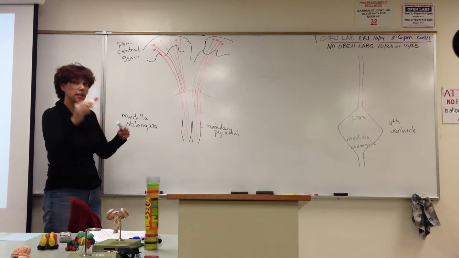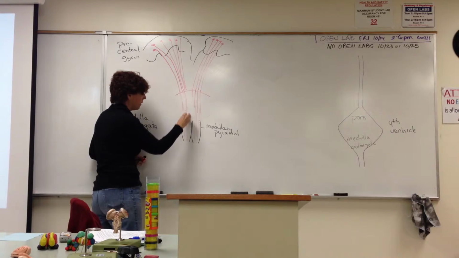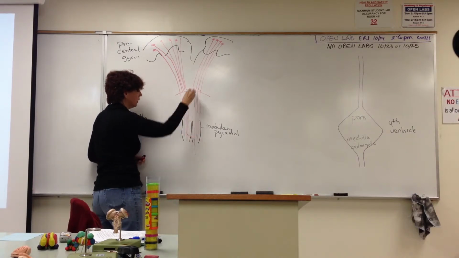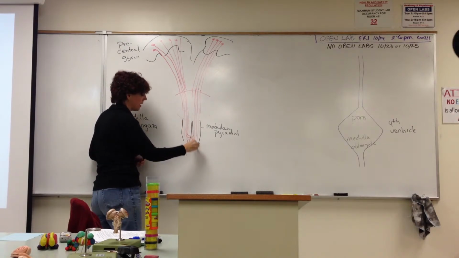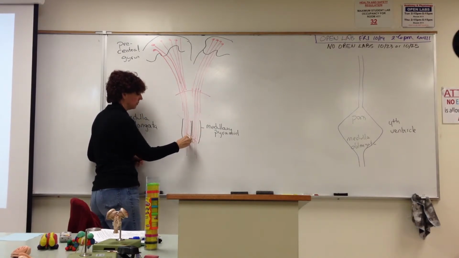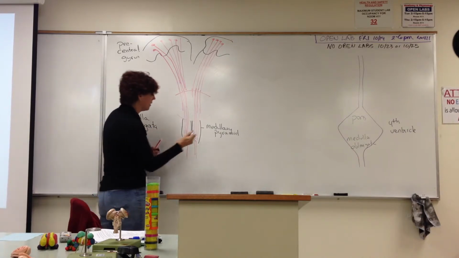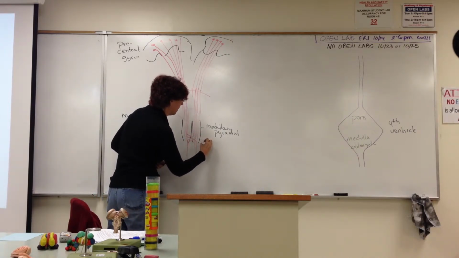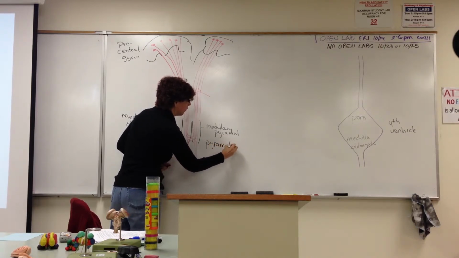Okay. Near the bottom part of the pyramids, these motor fibers are going to cross over and travel in the opposite side of the spinal cord. So this bottom portion here is known as the pyramidal decussation, which means crossing over.